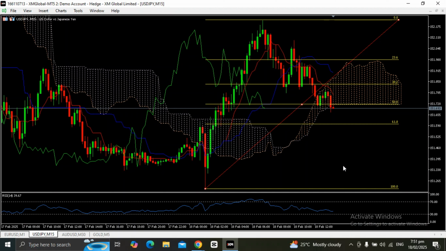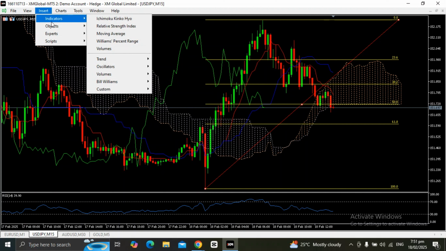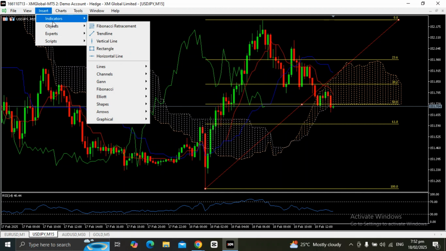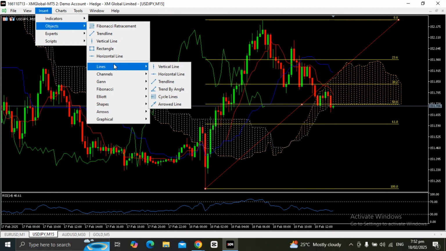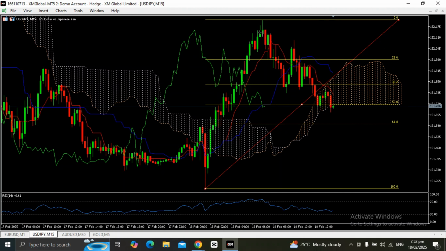Okay. If you see here in this line here, I'll put a line, Objects, vertical line. So for example here, if you look here, the price is high and the RSI is high.